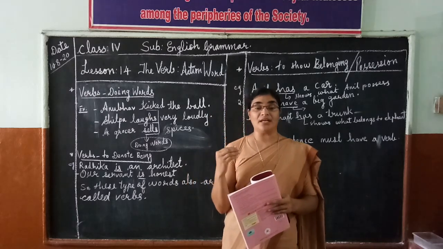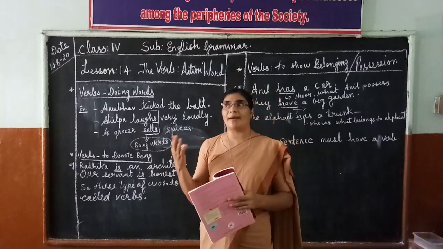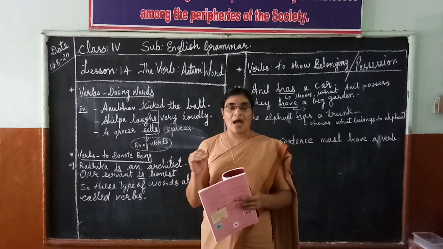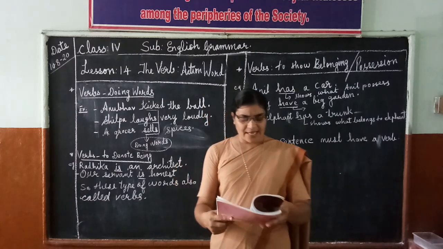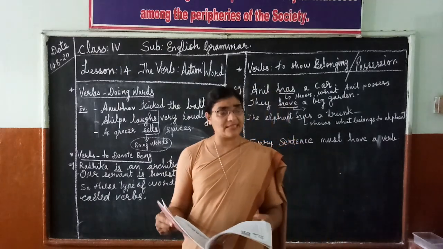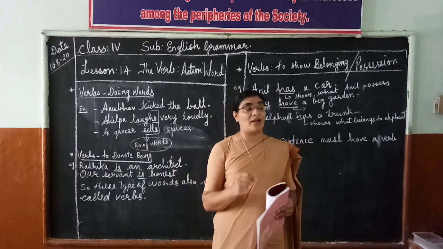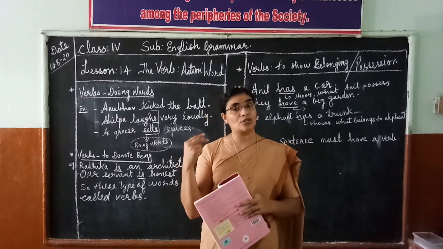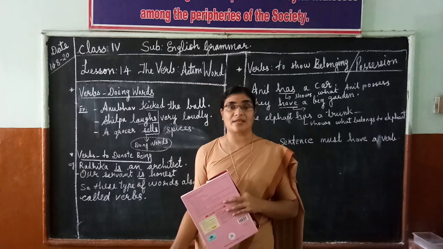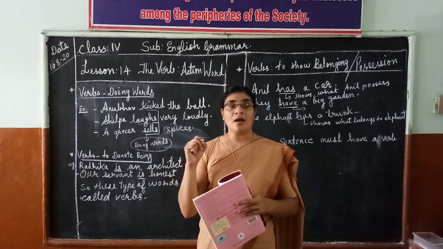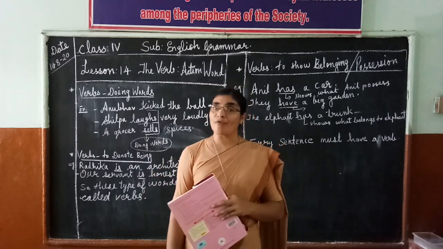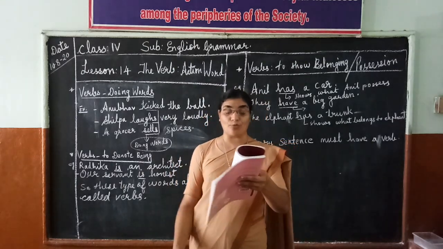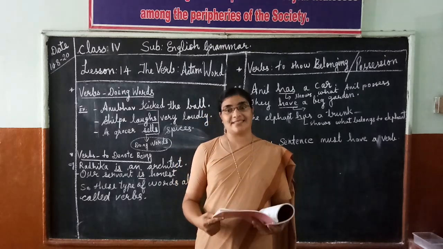The verb that denotes being tells us what somebody is or somebody has. We also know that is, are, am, shall be, will be are very important. These verbs often have an adjective after them. An example is given in your book: she is helpful.